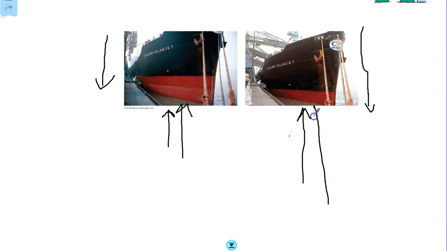Eventually it gets to the point where it has enough buoyant force because it's displaced so much water that it equals the force of gravity pushing down on it, and so it reaches an equilibrium and will float at that level. All right, and it will continue to do that if you continue to put stuff into it. Now, obviously, there are some limits to that eventually.